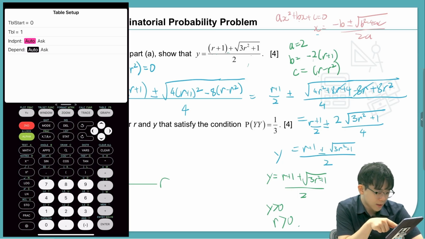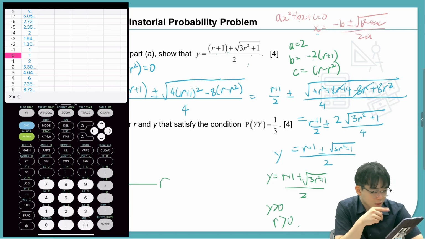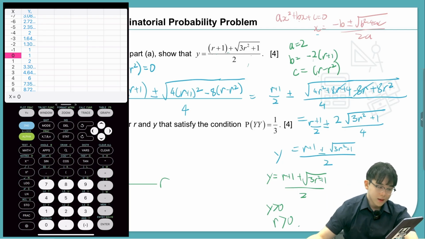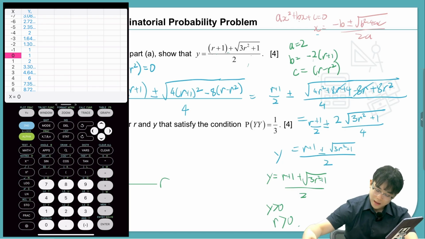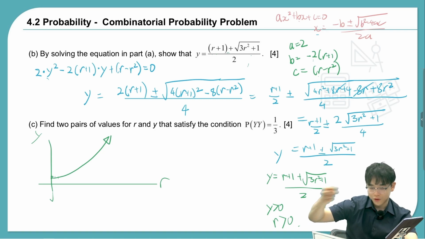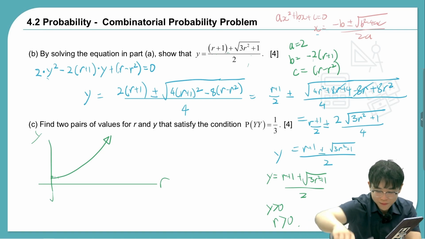So I go to second table. If I start from r is 0, I get y is 1. That means there's just one yellow ball, but that wouldn't make sense, because after you draw one ball, that kind of goes away.